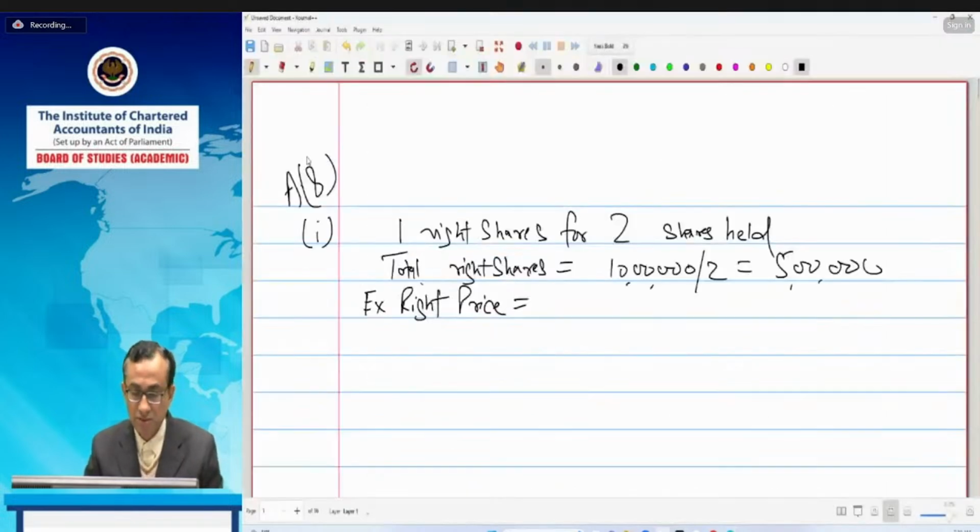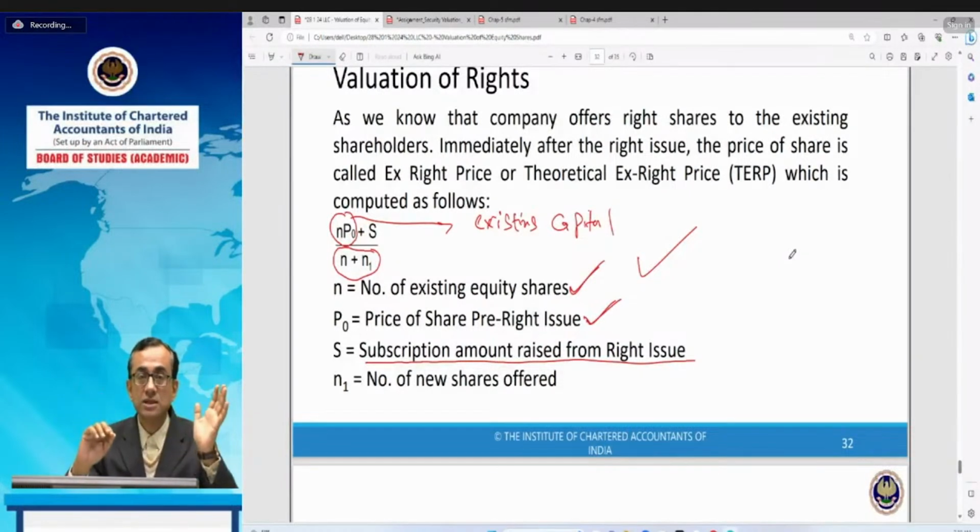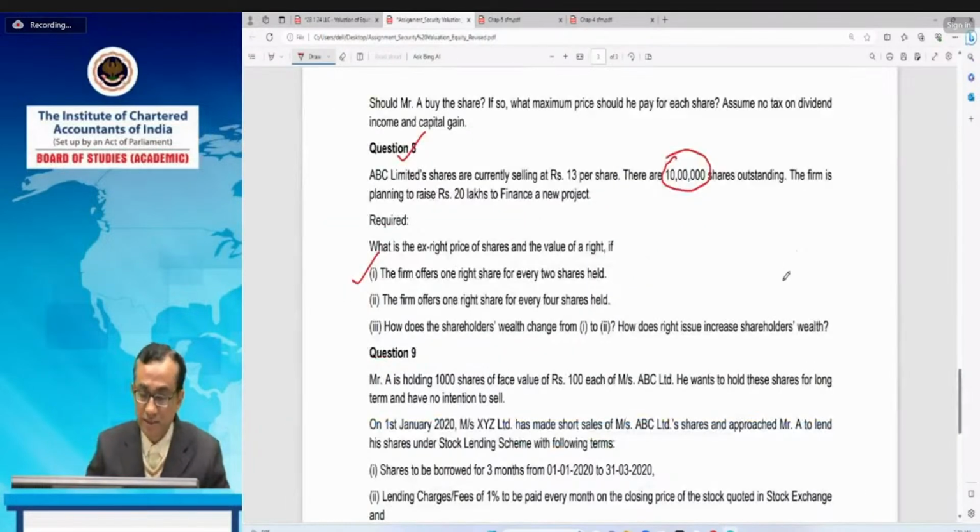You don't need to actually write the formula also, because if you see the PPT, what is in the numerator while calculating this ex-right price? The numerator is the total capital, the existing capital as well as the capital issued with the help of the right issue, and the denominator is the total shares, meaning shares before the right issue and the number of shares issued through the right issue.